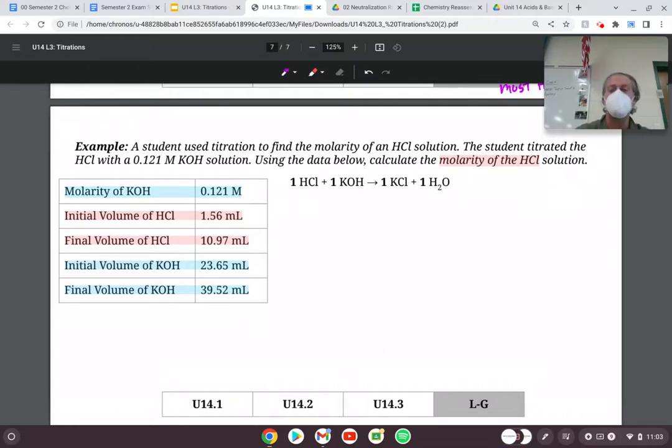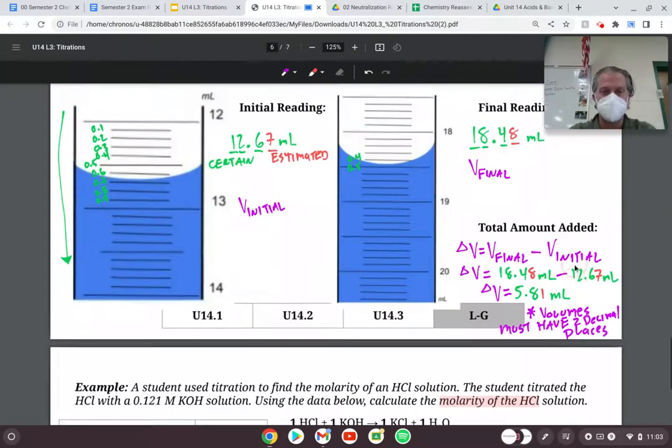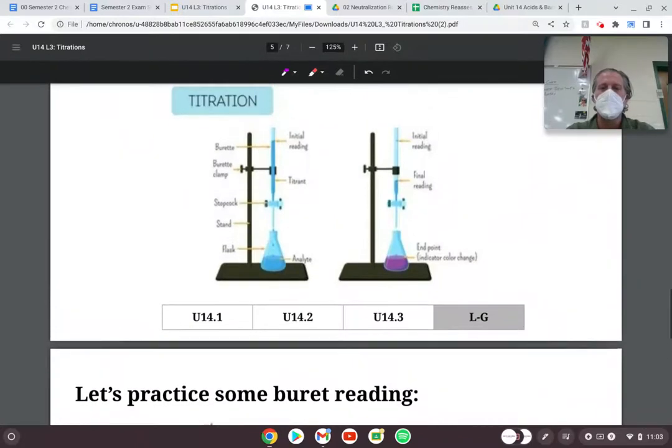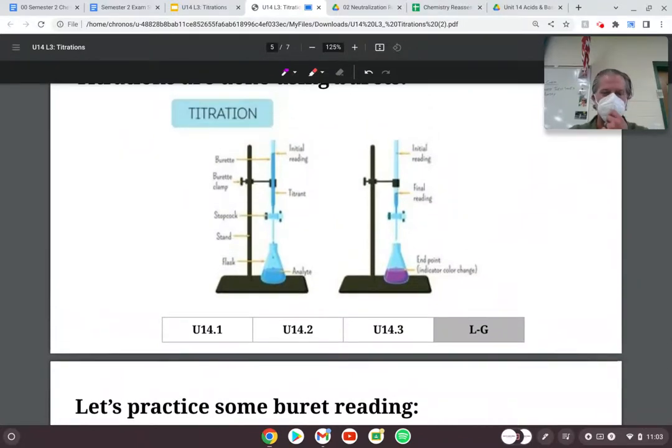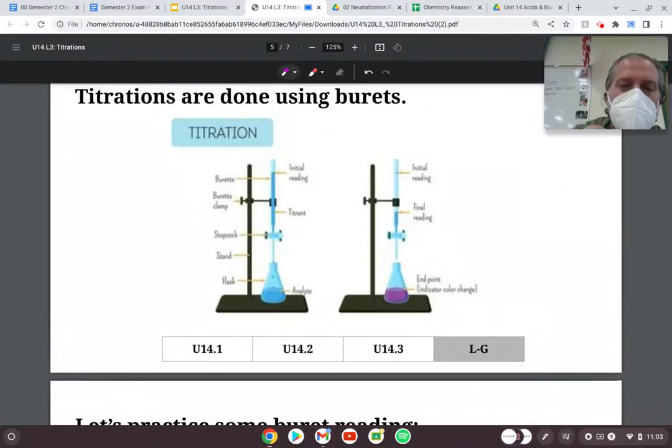Now let's go back up to that diagram just a second. When we're in lab, we're probably going to have base in the burette, and acid in the Erlenmeyer flask.